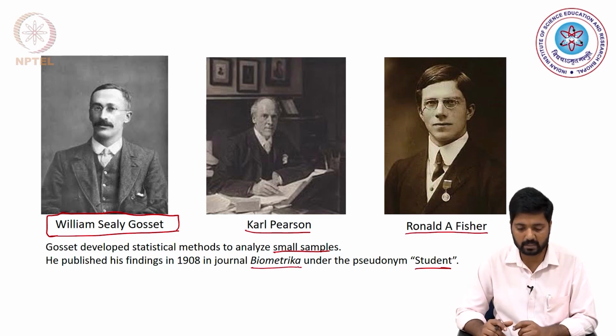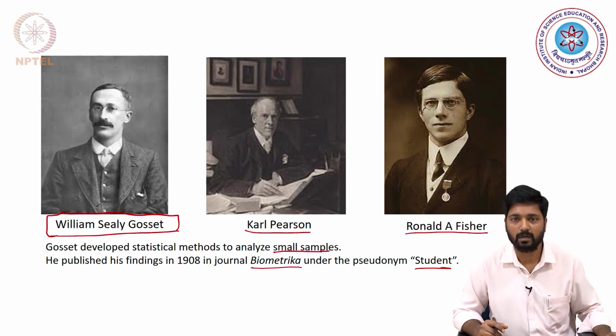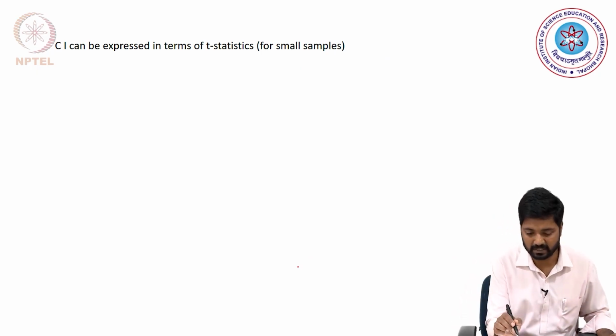So, he analyzed the beer samples and then he came up with a statistical tool that allowed him to analyze small sample sets and make predictions on a larger population. So, what William Gosset did was to come up with a different statistic which is known as the T statistics.